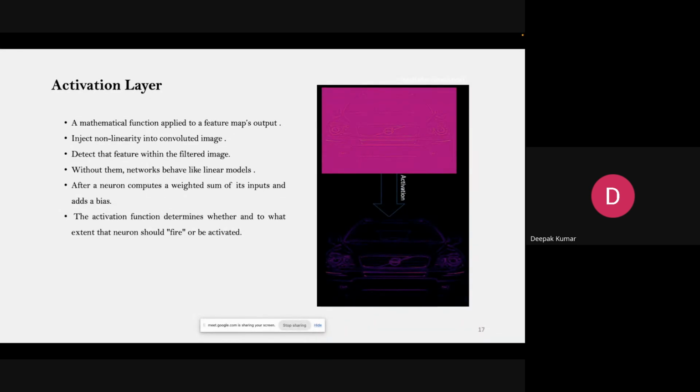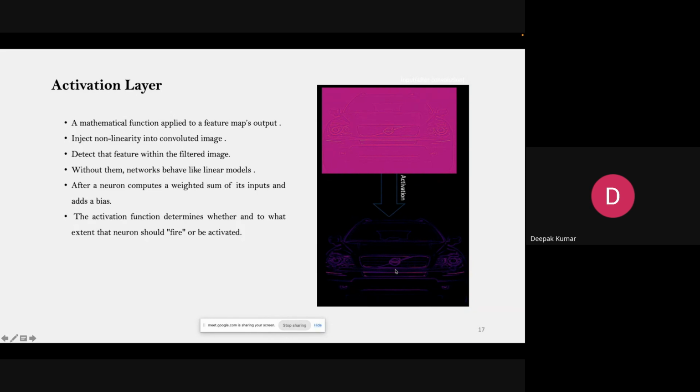So again, I just repeat about the activation layers. So activation functions and activation layers. As earlier we saw the image of this car and applied these convolutions, this is again a schematic diagram just to show examples. If we apply the activation, a non-linear function, we will get a result like this.